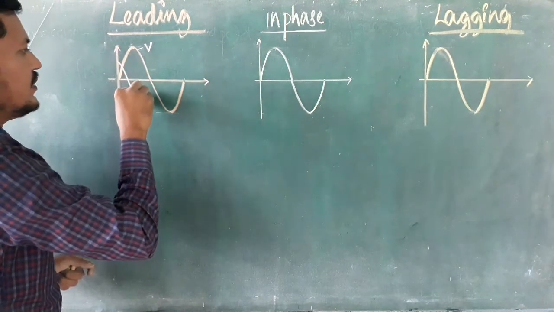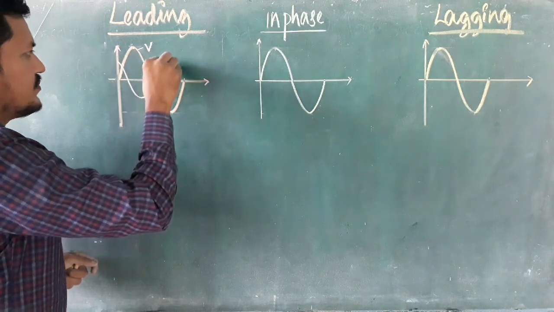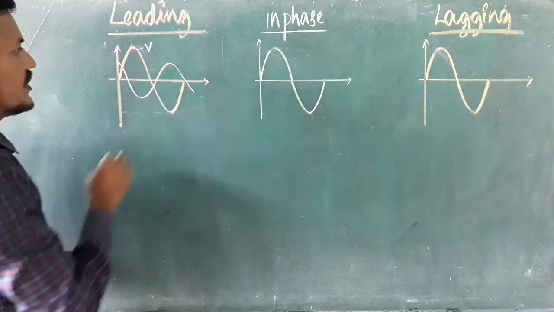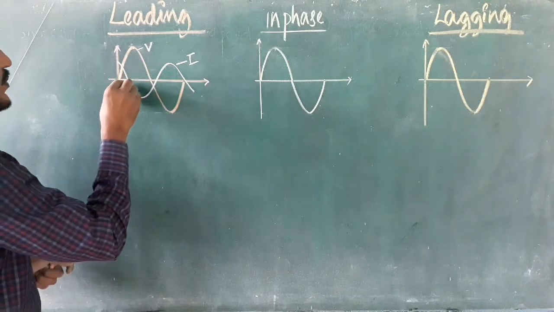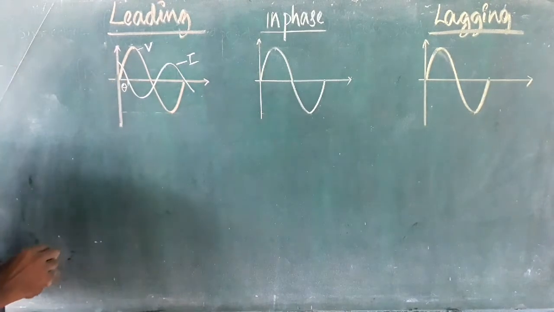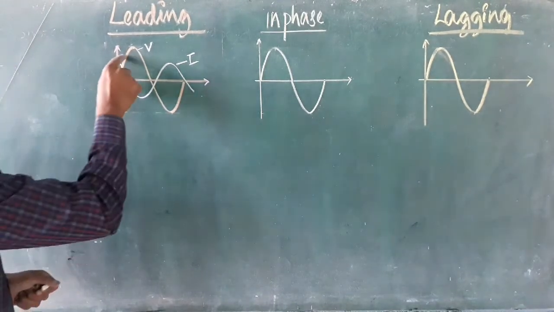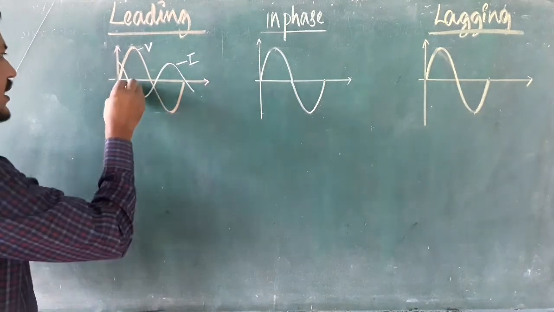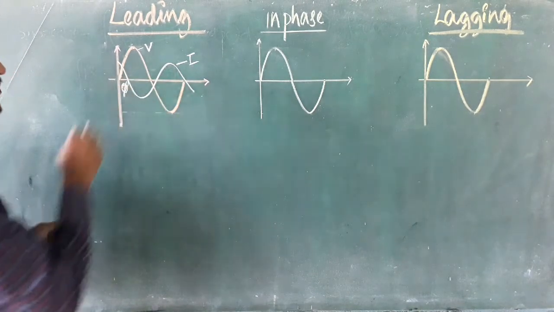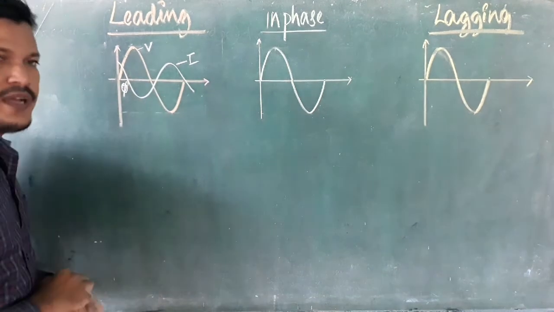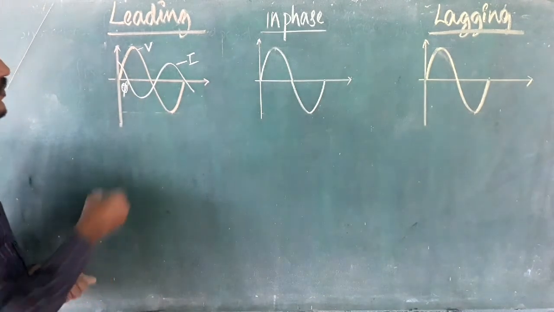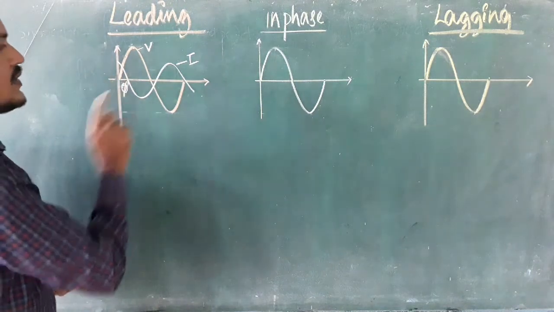This is the leading waveform of the current. The angle between voltage and current I am taking as phi. Now we can draw the phasor.